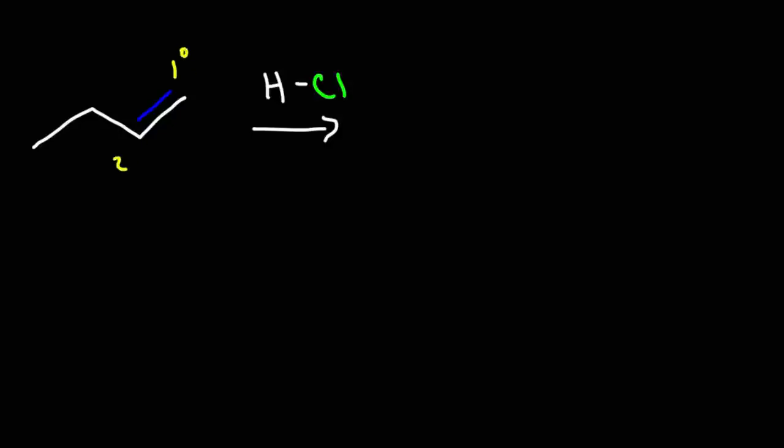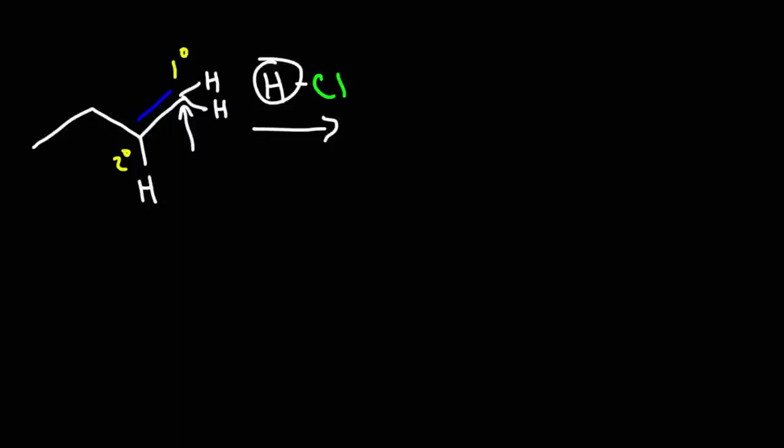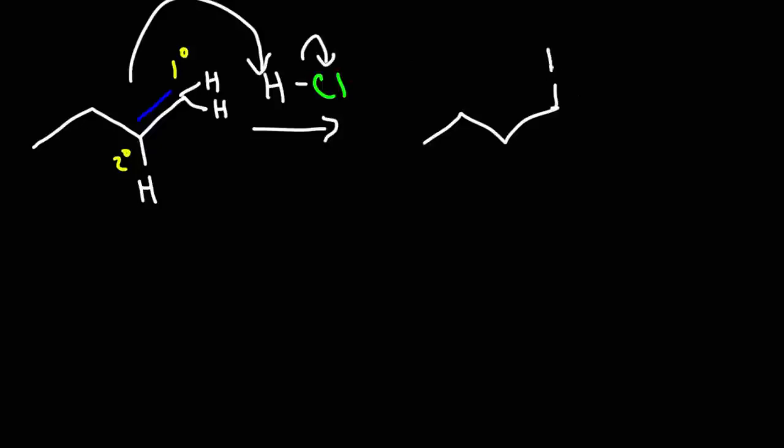So in this case, that's going to be the primary carbon. The primary carbon has 2 hydrogen atoms. The secondary carbon has 1. So according to Markovnikov's rule, this hydrogen is going to go on the carbon with more hydrogens. So once this double bond reacts with HCl, we're going to put the hydrogen on the primary carbon.